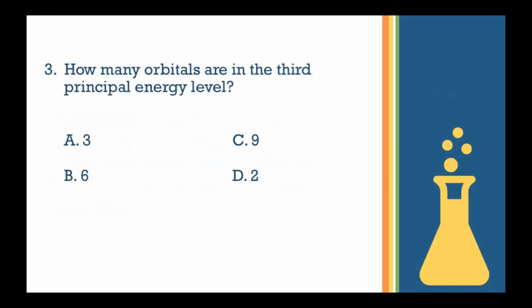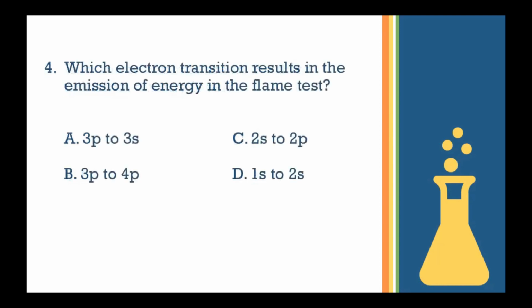Number 3. How many orbitals are in the third principal energy level? A 3, B 6, C 9, D 12. Number 4. Which electron transition results in the emission of energy in the flame tests? A 3p to 3s, B 3p to 4p, C 2s to 2p, D 1s to 2s.